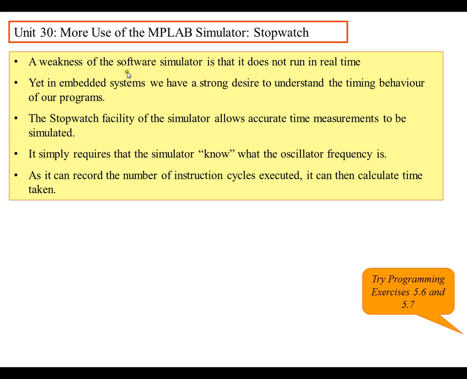A weakness of the software simulator is that it does not really run in real time. Yet in your embedded system, you really have a strong desire for understanding the timing behavior of your programs, especially when you have things like LEDs flashing or blinking.